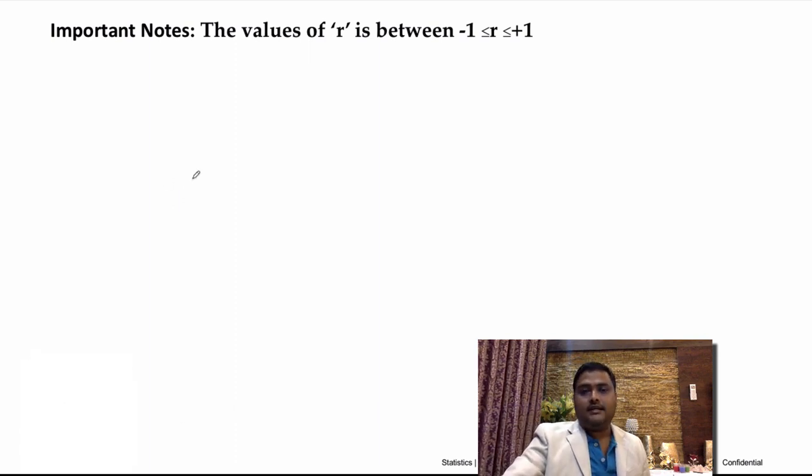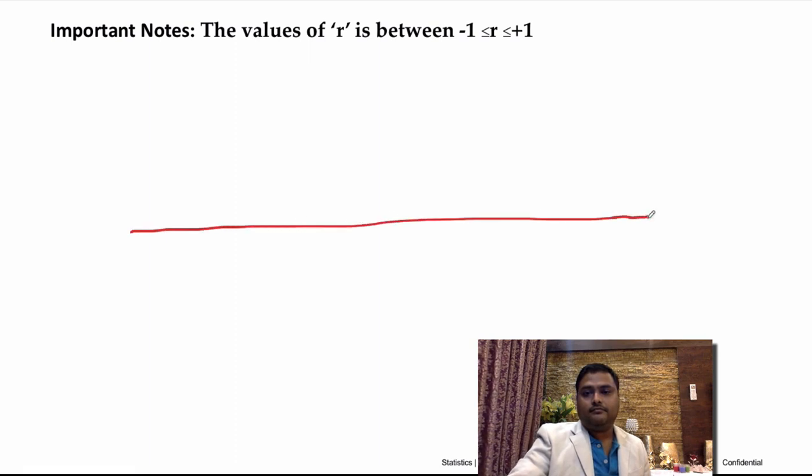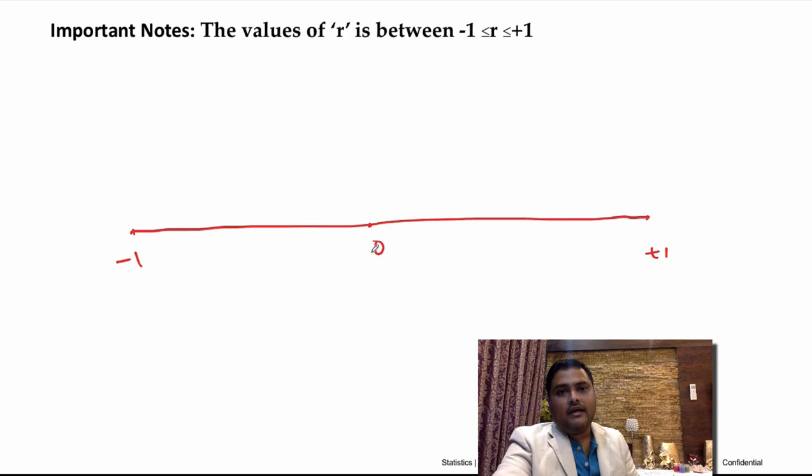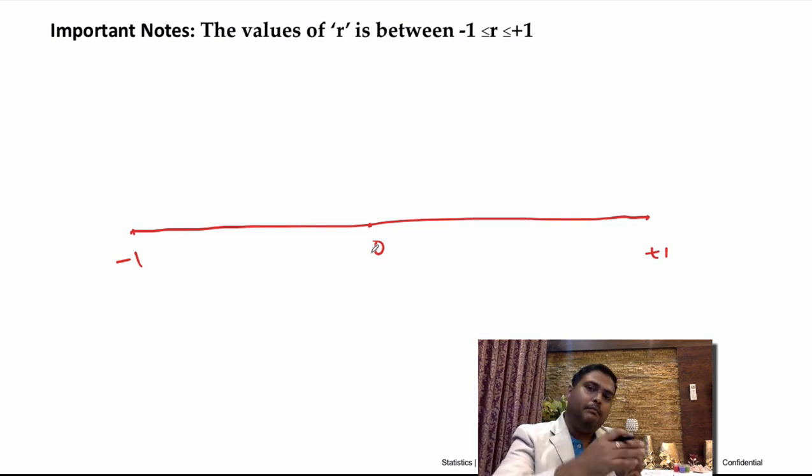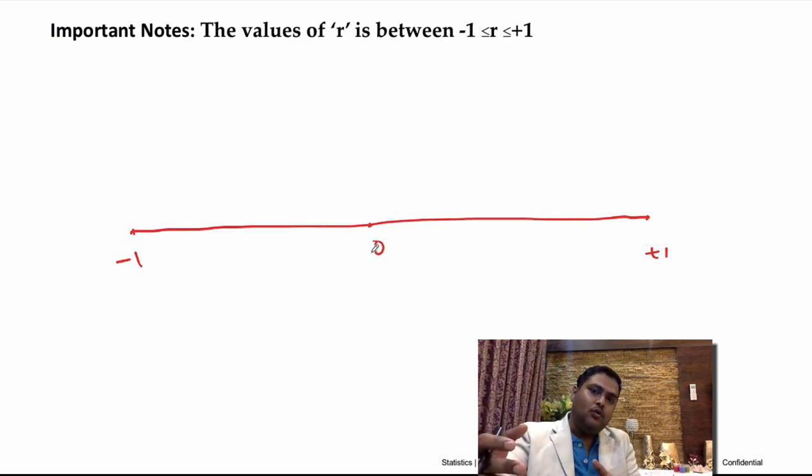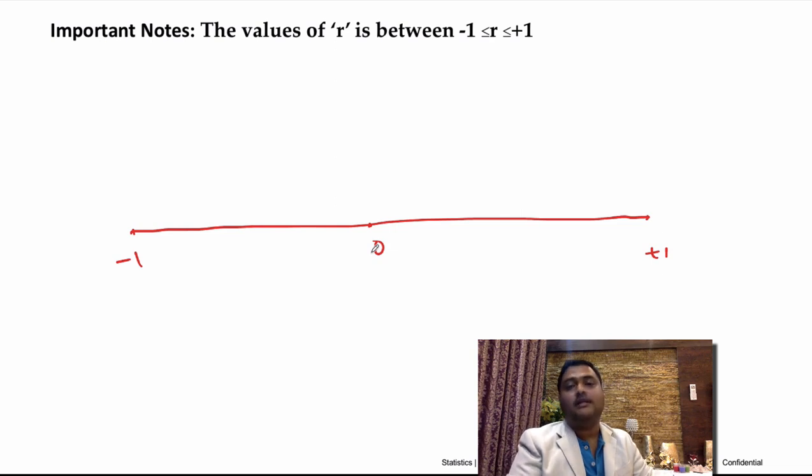Now let's take an example that it is in between -1 to +1, and this is 0. If I draw this number line, I am going to explain that based on the value we can decide how strongly it is related. It may be 0, -1, +1, and so on.